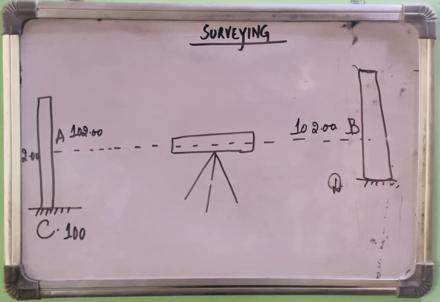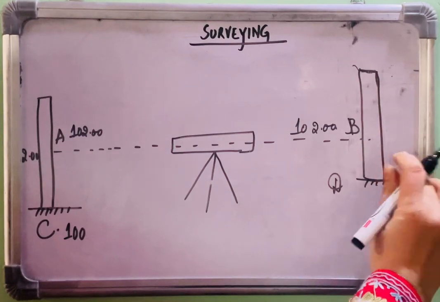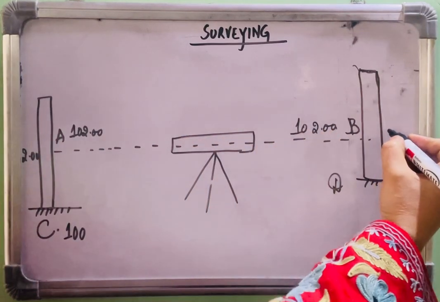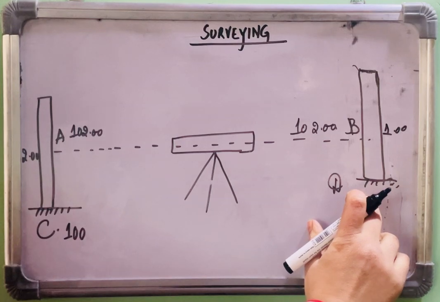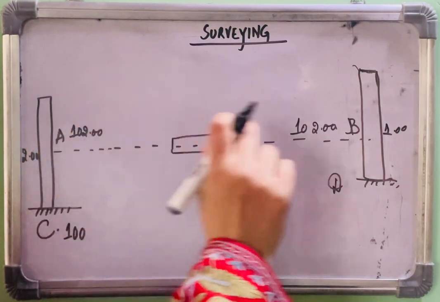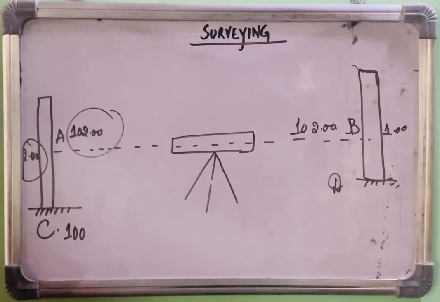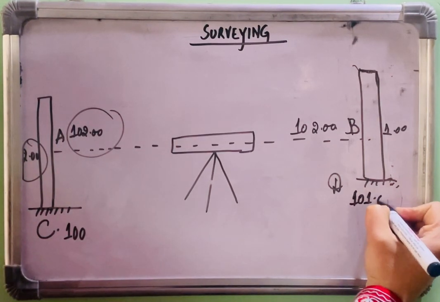Now we'll keep the staff at the point D, whose elevation we have to check, and we'll take the reading. Let's suppose the reading here comes as 1. So what will be the elevation of this point? The line AB has elevation 102 because the reading on the staff came out to be 2. So the elevation of this point will be 101.